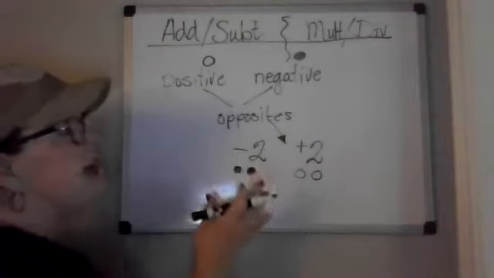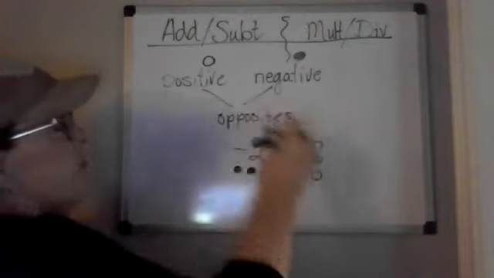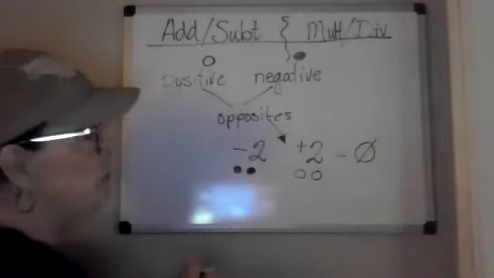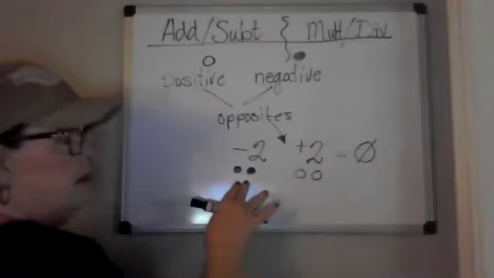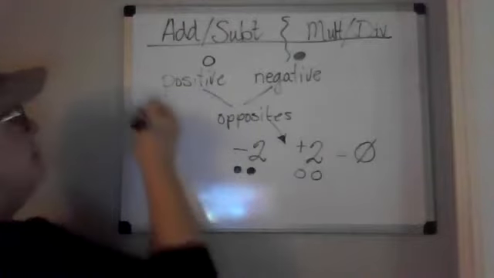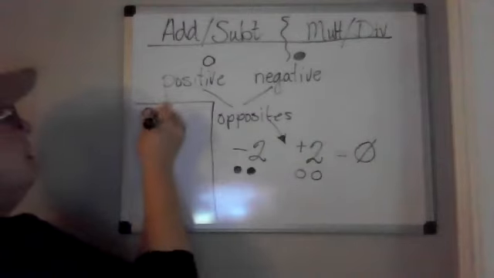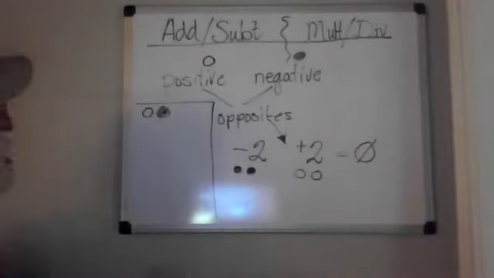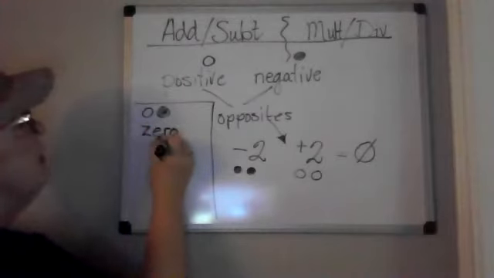Now, I told you that this is opposite and you can memorize that, but the reason they are opposite is because if you put them together, they're going to equal 0. This is how it works if I'm just using the discs. And this is new. If I have a set of opposites, a positive and a negative, and I put those opposites together, I will create what we call a 0 pair.